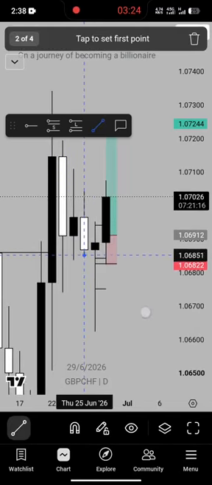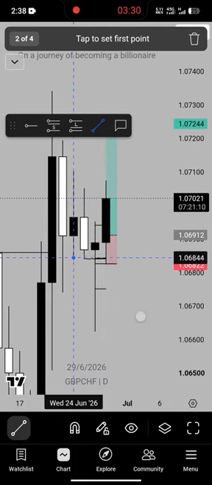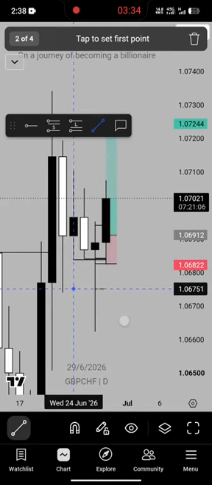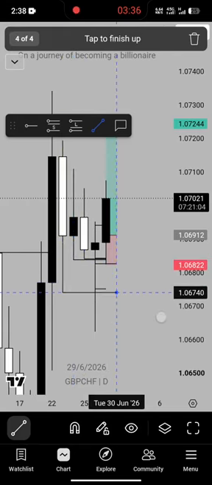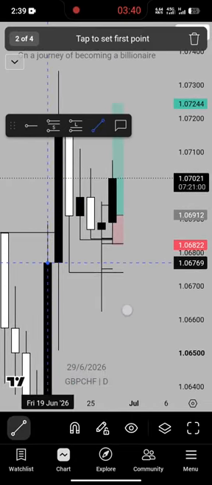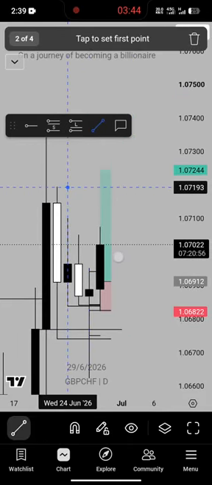It swept this low, it also swept this low, and this low as well, and we have a rejection from this particular key level, and our first target is this high.